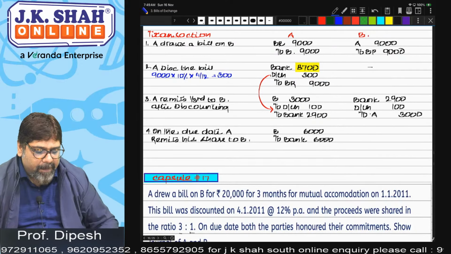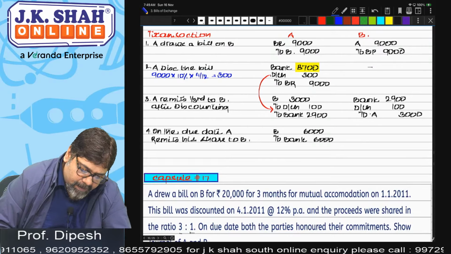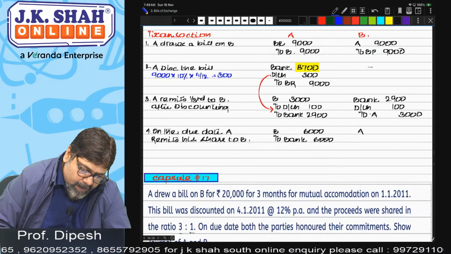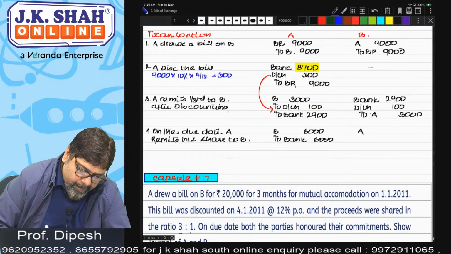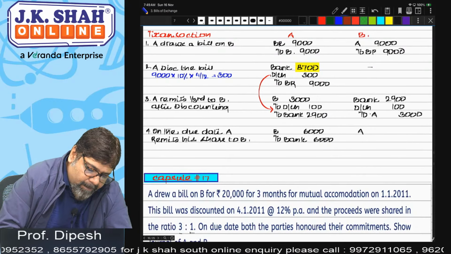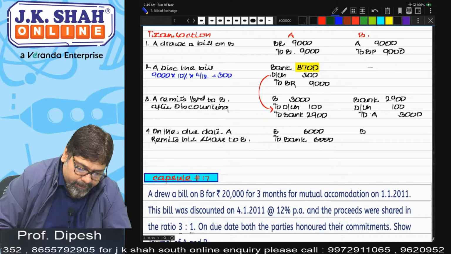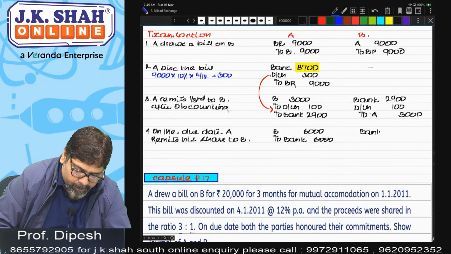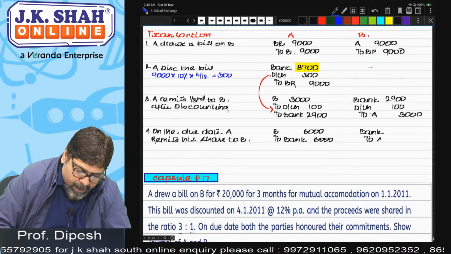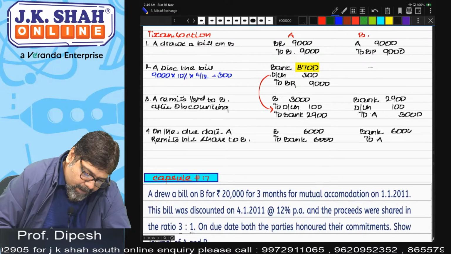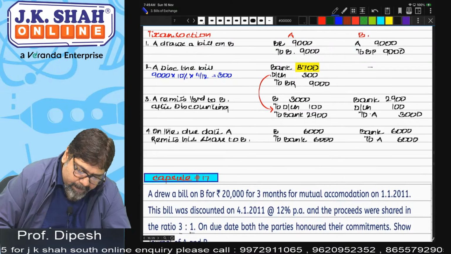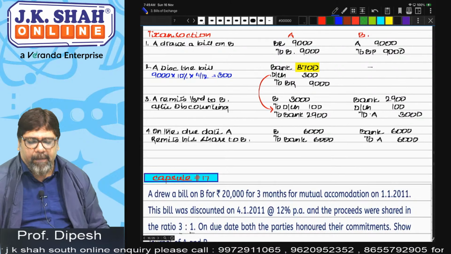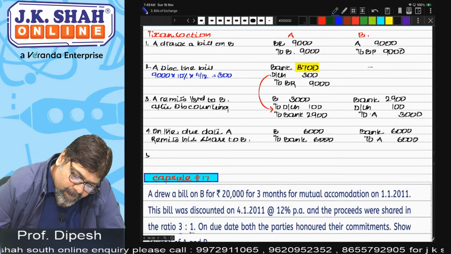What entry will B pass? Bank to A. How much? Now what will B do? Now B will honor the first bill.